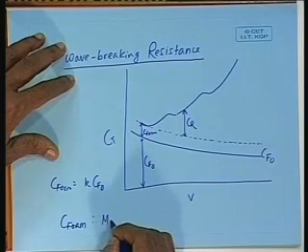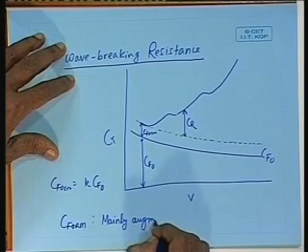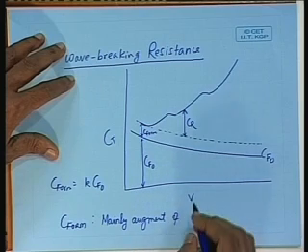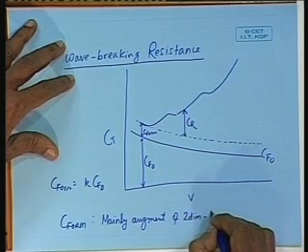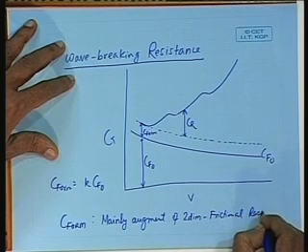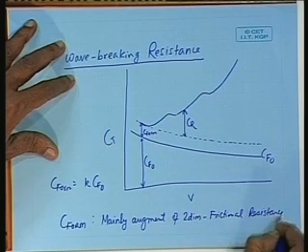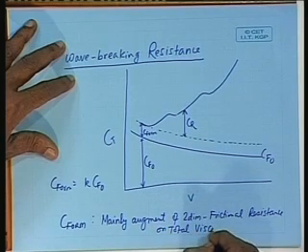That is, Cform, I can say, is mainly augment of two-dimensional frictional resistance on total viscous resistance.